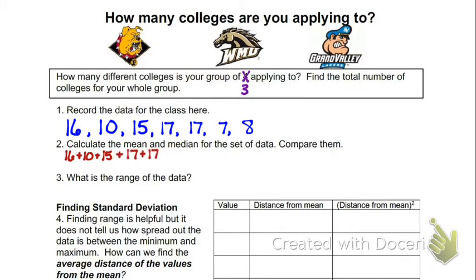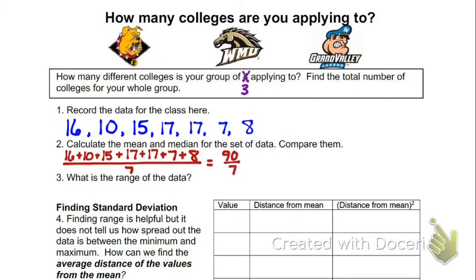It's hard because when I'm writing on here, I have to zoom in to be able to write, and that means I can't see everything else. So thank you guys for correcting me when you do that. 17, 17, 7, and 8. So 30 and 34, 64, 74, 84. I got 90? Okay. All over 7. So 90 divided by 7.